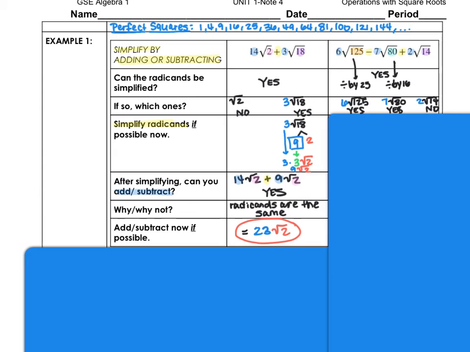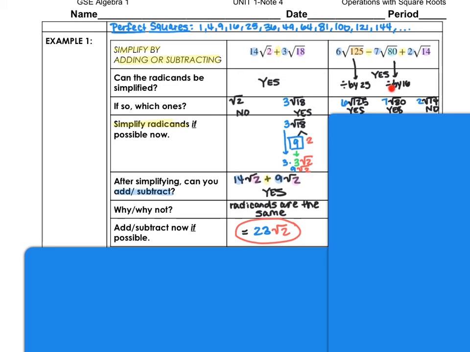On the next example of part 1, when they're asking us, can the radicands be simplified? Yes, they can. 2 of them can. 125, if you go backwards in your perfect square list, the largest perfect square you can divide 125 by is 25. So that means you can simplify that by rewriting it using the perfect square 25. 80, the largest perfect square you can divide it by is 16.